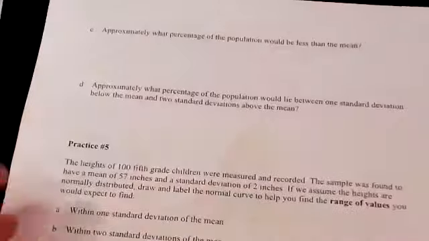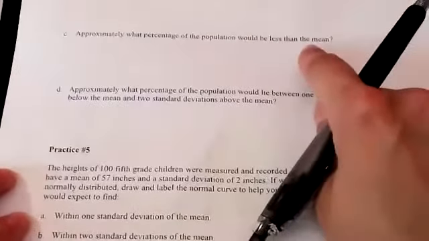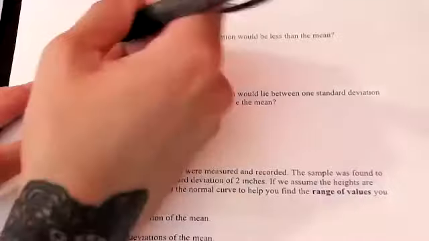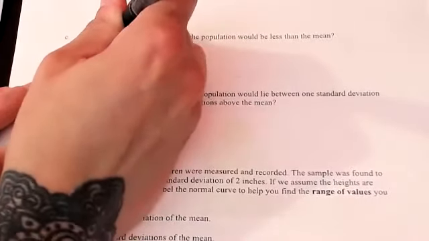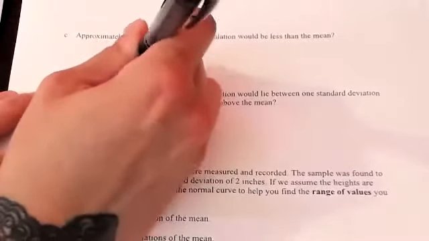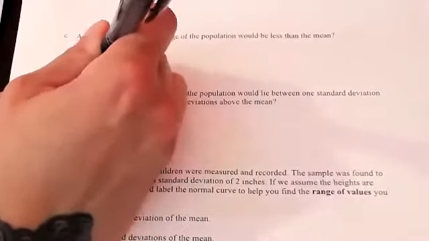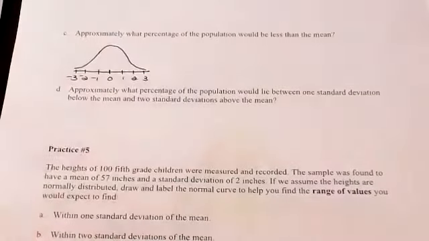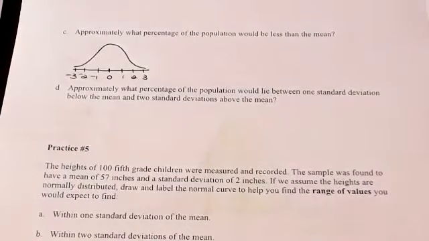Approximately what percentage of the population would be less than the mean? Same thing, let's go ahead and draw our curve. Let's label the horizontal axis. Okay, where am I on this number line?